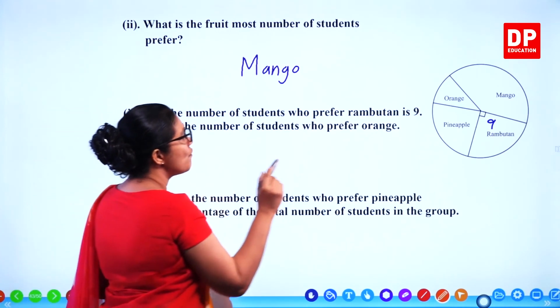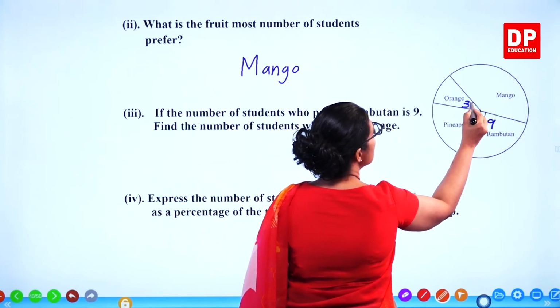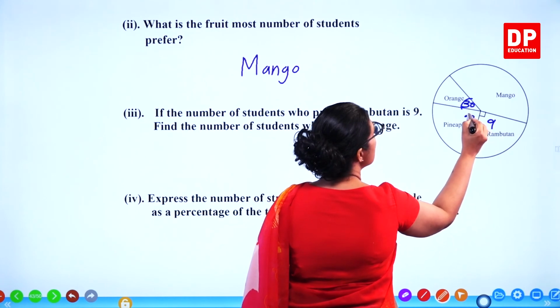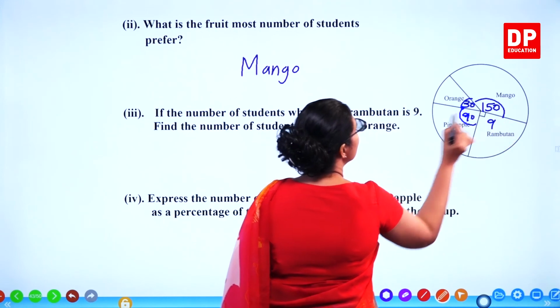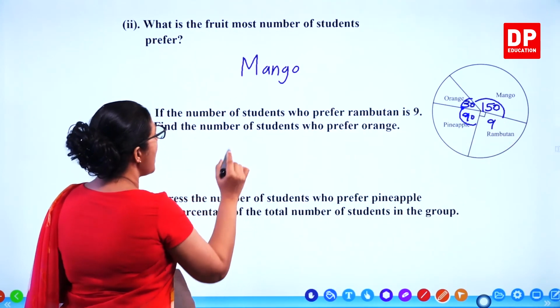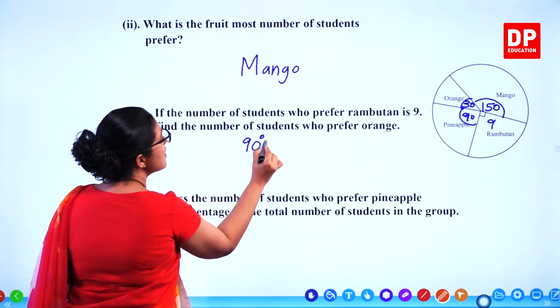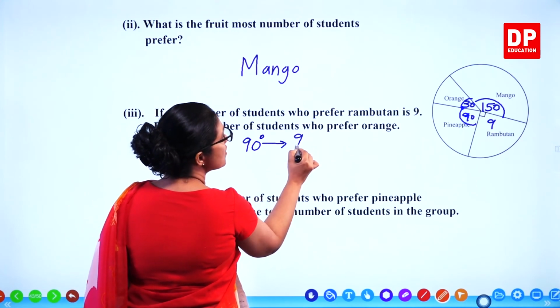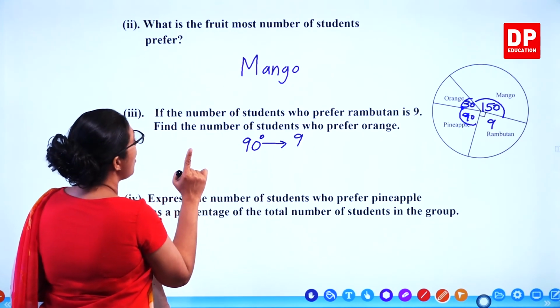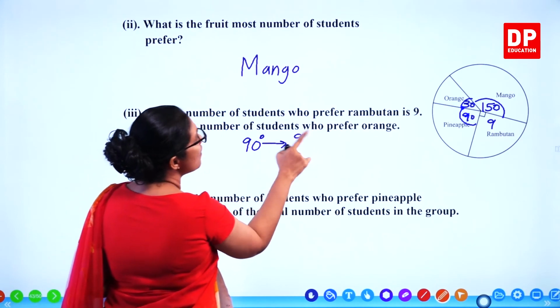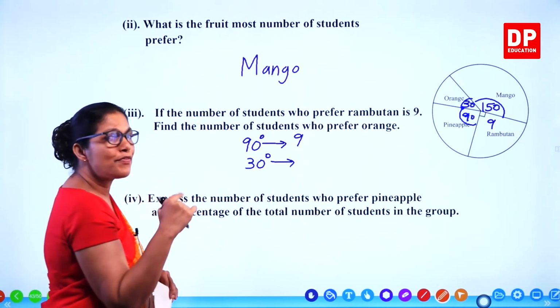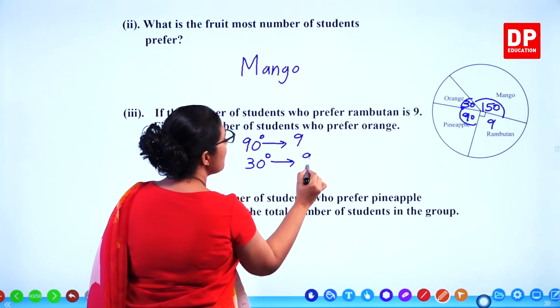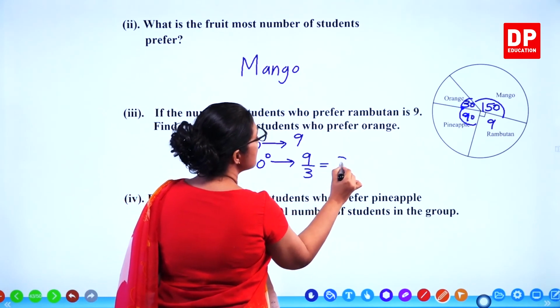So orange we found 30. This is 90 and this is 150. So here 90 degrees means 9 students. So what about 30? So you have to divide by 3. So 9 divided by 3, that's 3.